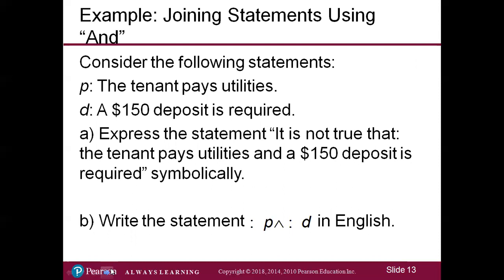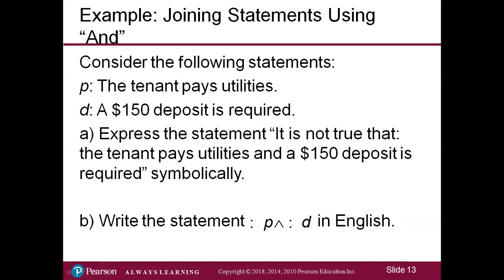A. Express the statement it is not true that the tenant pays utilities and a $150 deposit is required. Write this symbolically. And then also write the statement not P and not D.